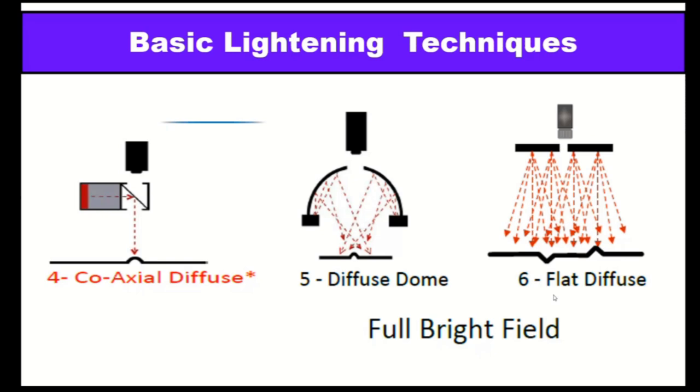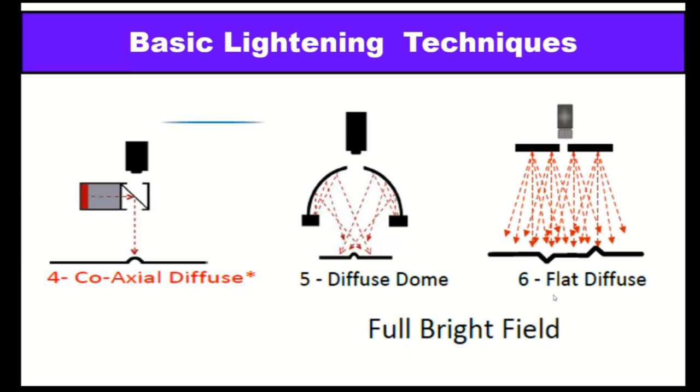You can go for coaxial diffuse whenever we want light to fall in the direction of the camera. In earlier cases, remember, the light source is slightly away from the camera and light is falling from different angles.